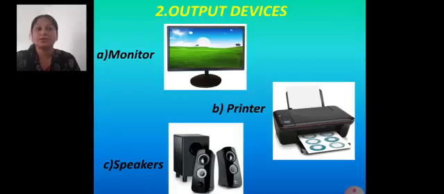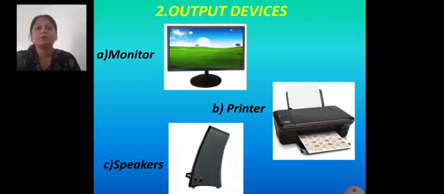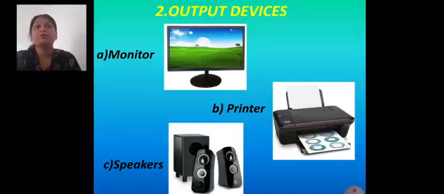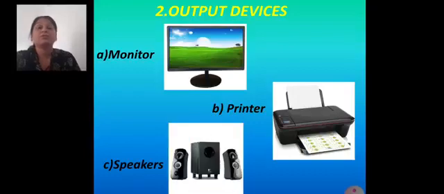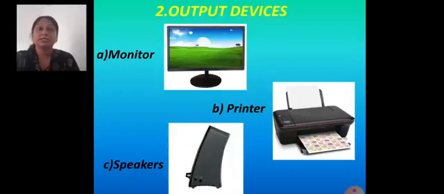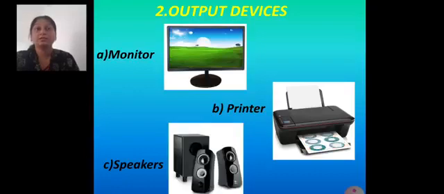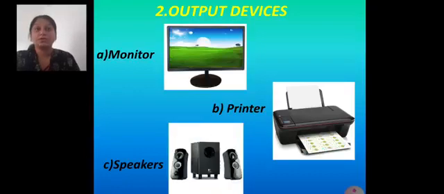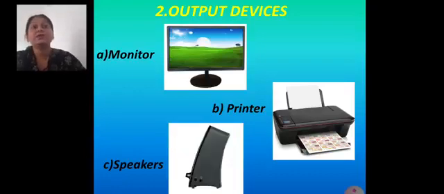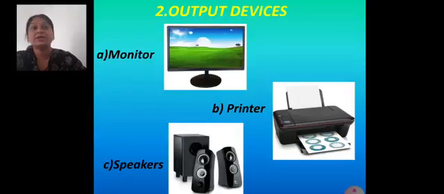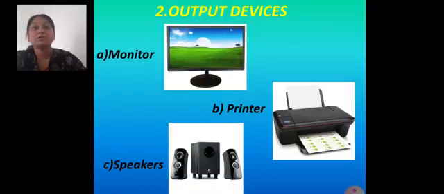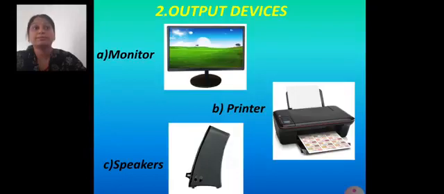We use a microphone to store or record voice, but we use speakers to listen to music, voice and sound. In this way we use these output devices to take something out from the computer.